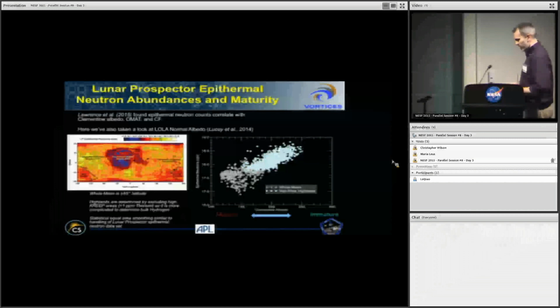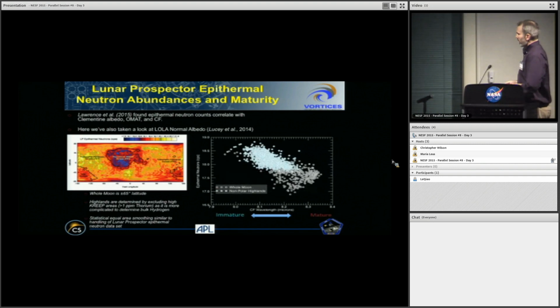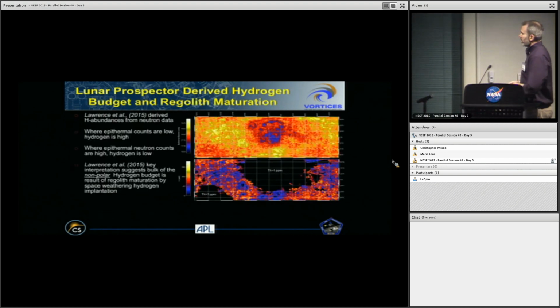It goes back to what Tim was saying about an albedo effect between data sets. It seems interesting that it also seems to be related to epithermal neutrons. And here is the CF feature wavelength. Everything flips here: shorter wavelengths are more immature, and more mature things are at longer wavelengths, relative to epithermal neutrons.